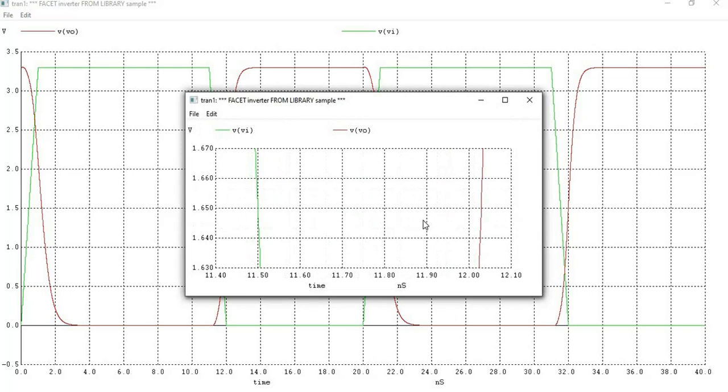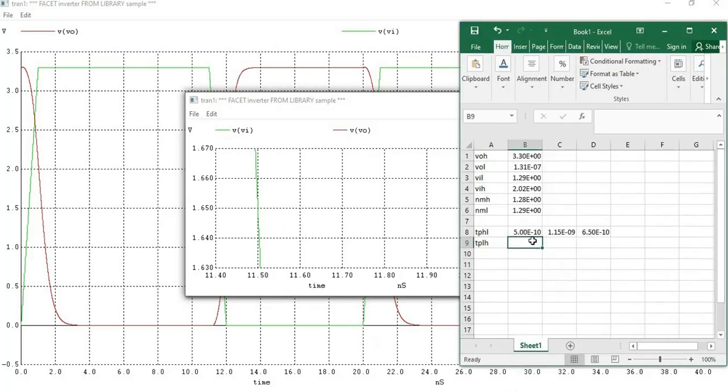So this would be the values: 11.50 nano, 11.5 e to the negative 9.